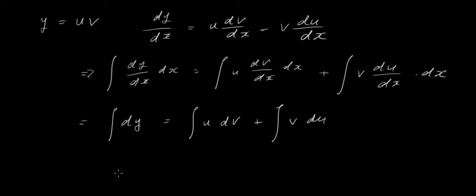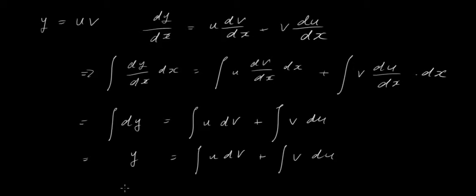Okay, so now if we do the integral on the left hand side here, the integral of 1 dy is just going to be y. The integral of u dv, we leave that here, the integral of u dv plus the integral of v du.